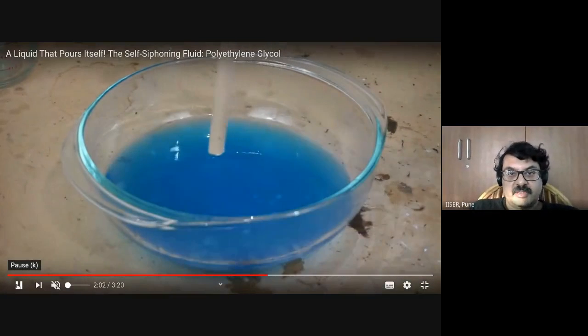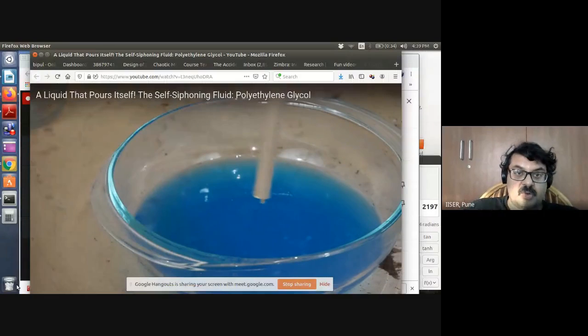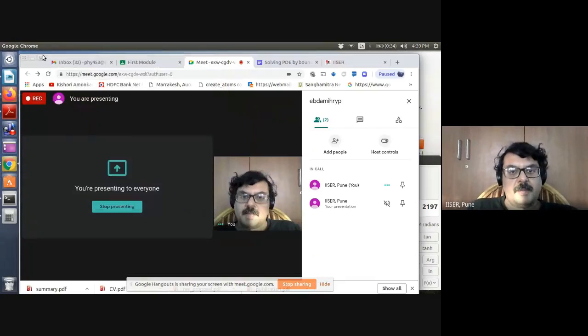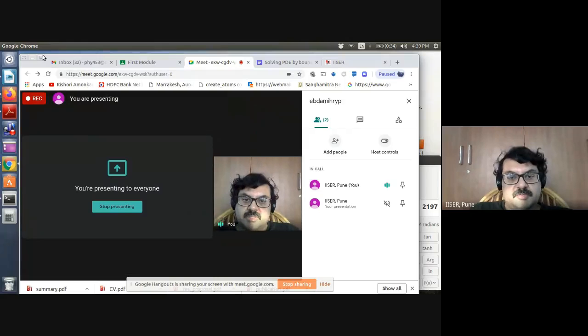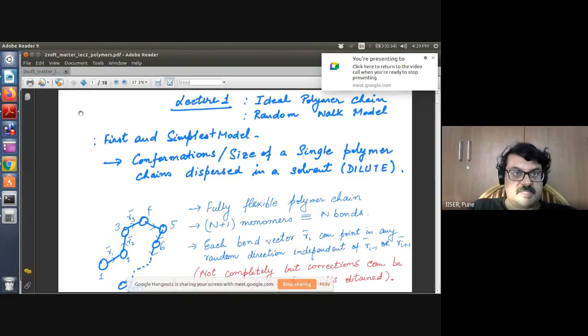So it's basically called a self-pouring fluid, and these are the so-called viscoelastic properties that you have for polymer melts.